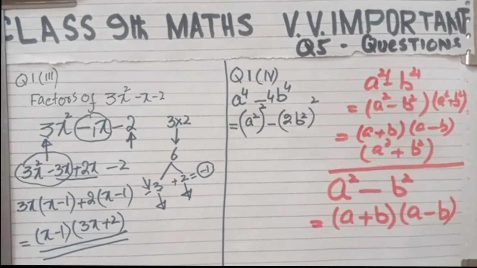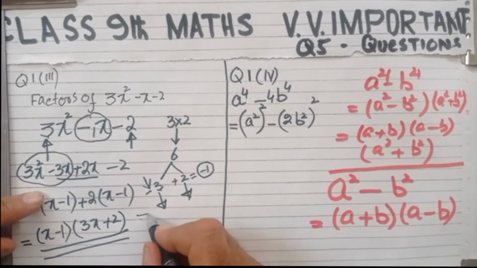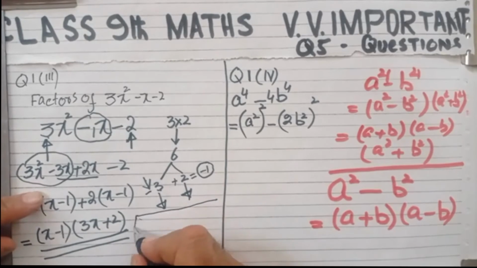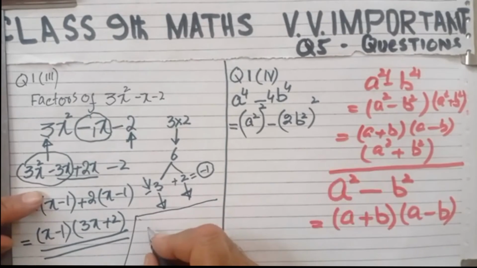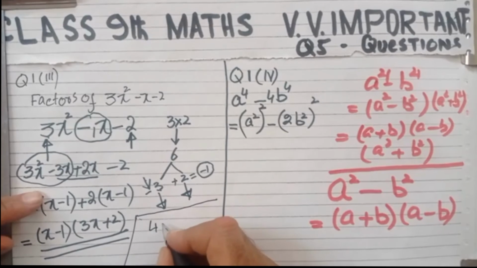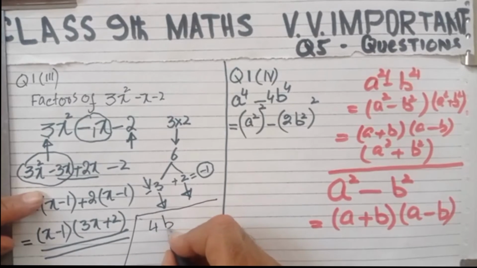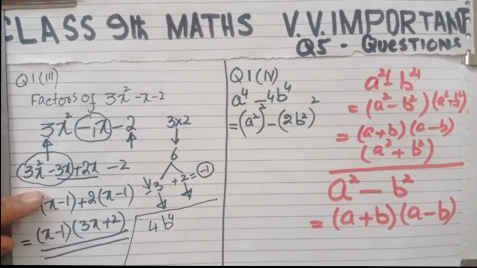Now please don't get confused over here. I will make you understand. I will write it over here: a4 minus 4b4.